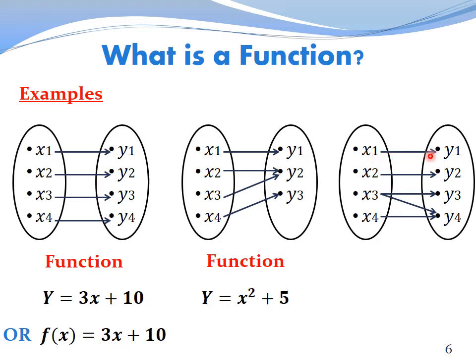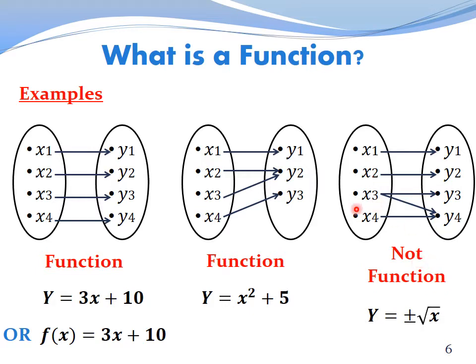So let's take the input values one by one. x1 here corresponds to only one output value, which is y1. x2 here corresponds to only one output value, which is y2. But x3 here corresponds to two output values, y3 and y4. This violates the condition, and this is not a function.